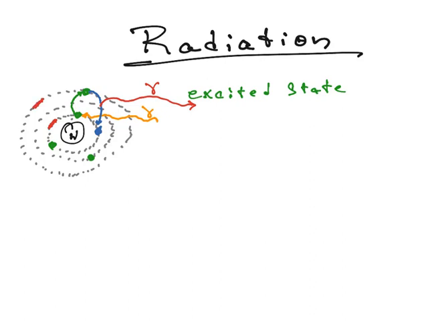Just as this incoming energy originally had to be big enough to kick the electron up to the higher state, when the electron falls back down, it must give away that energy it took in. And so this happens all the time.